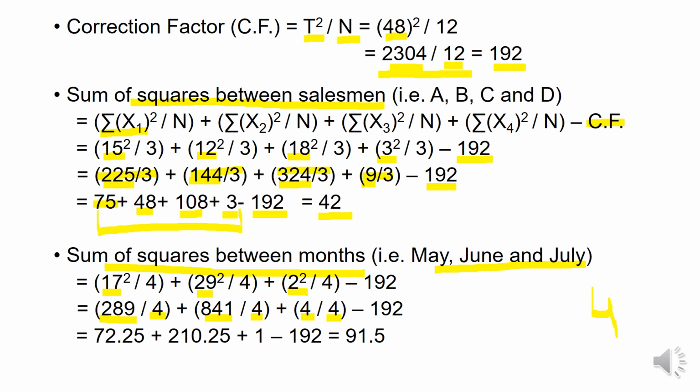When 289 is divided by 4, the value is 72.25, and 841 divided by 4, the value is 210.25. 4 divided by 4 is 1, and students, likewise we did it for the earlier part, the correction factor will also get reduced in this case. So 192 will get subtracted from this additive component and a value equivalent to 91.5 will be achieved.